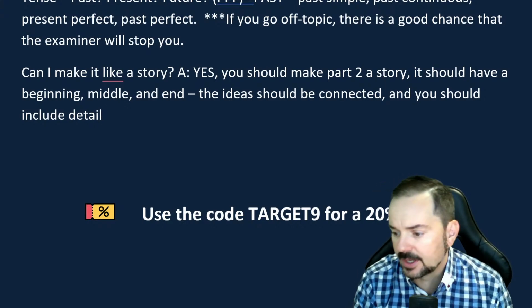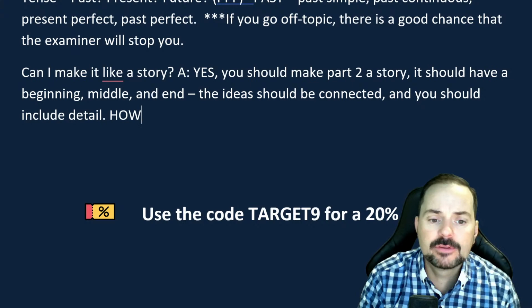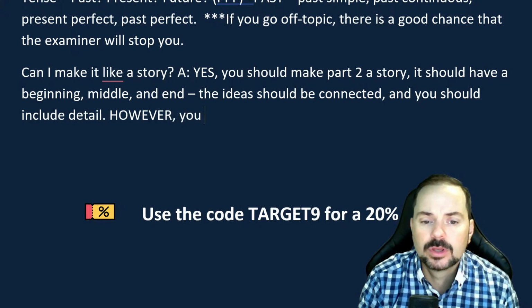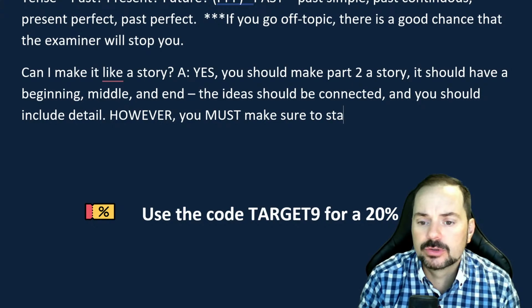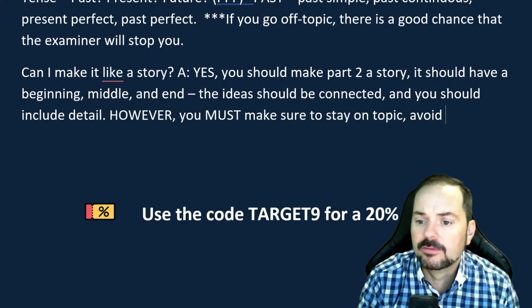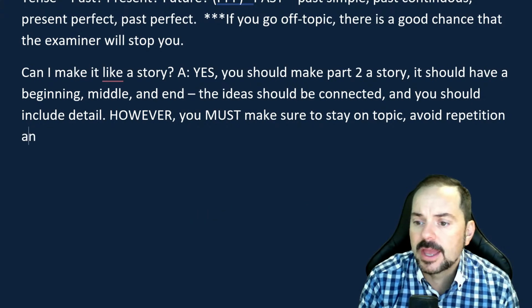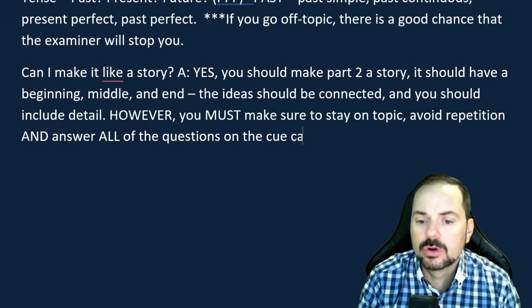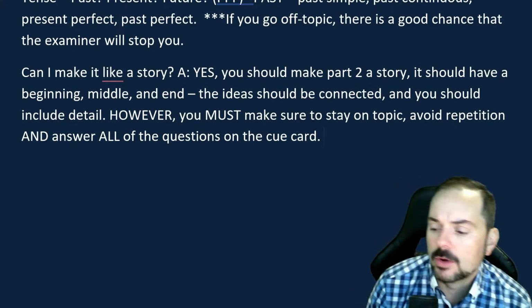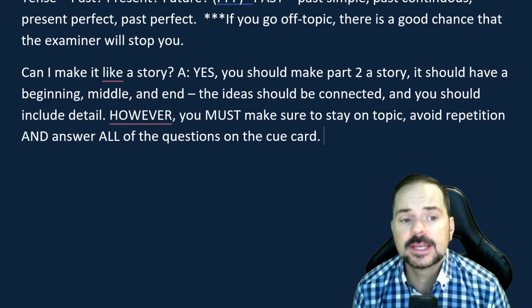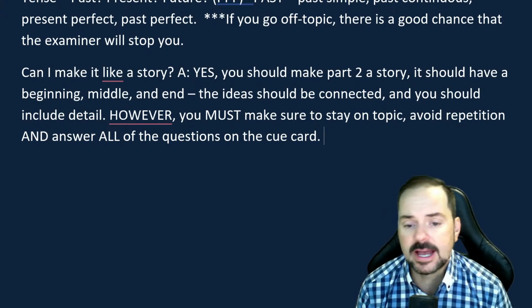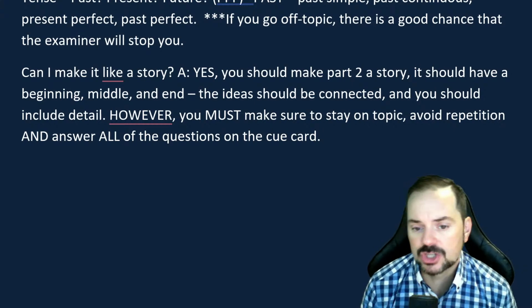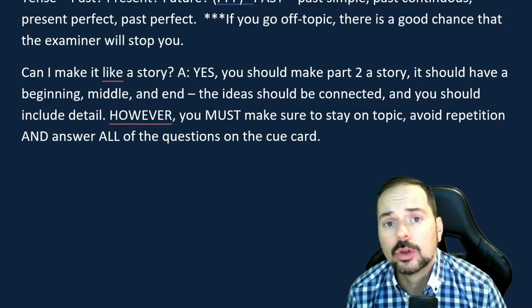You're right. However, you must make sure to stay on topic, avoid repetition, and answer all of the questions on the cue card. So in a nutshell, that is the idea. You make it a story with a beginning, a middle, an end, structure, and connection, and you're answering all of the questions on the card.